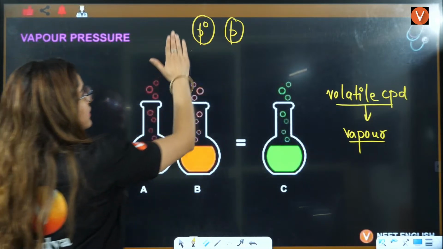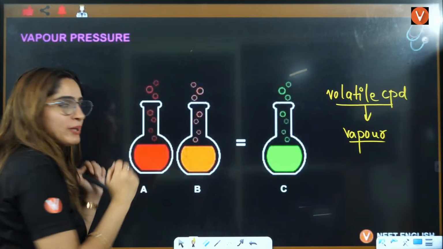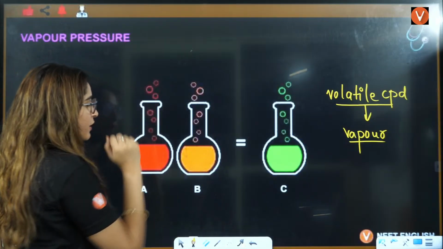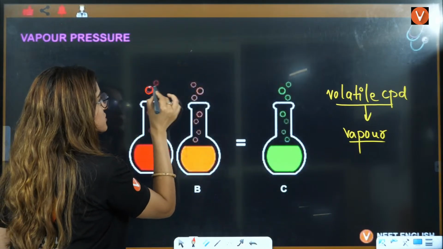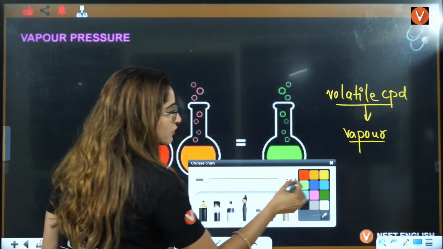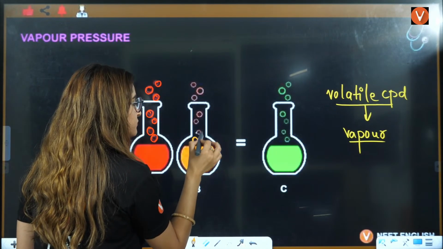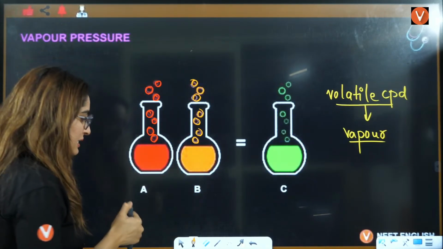Students, what you have to understand here is you have a beaker. It is making vapors. You have another beaker. It is making vapors.